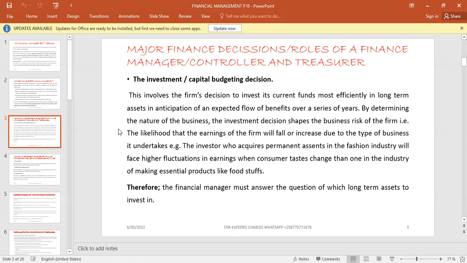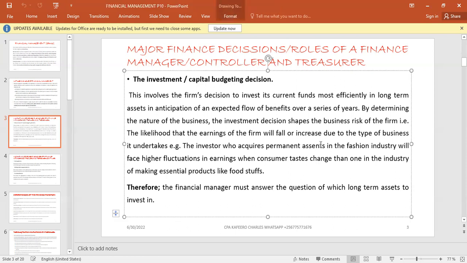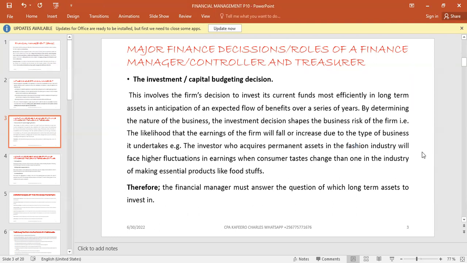For example, the investor who acquires permanent assets in the fashion industry will face high fluctuations in earnings when customers' tastes change, compared to one in the industry of making essential products.